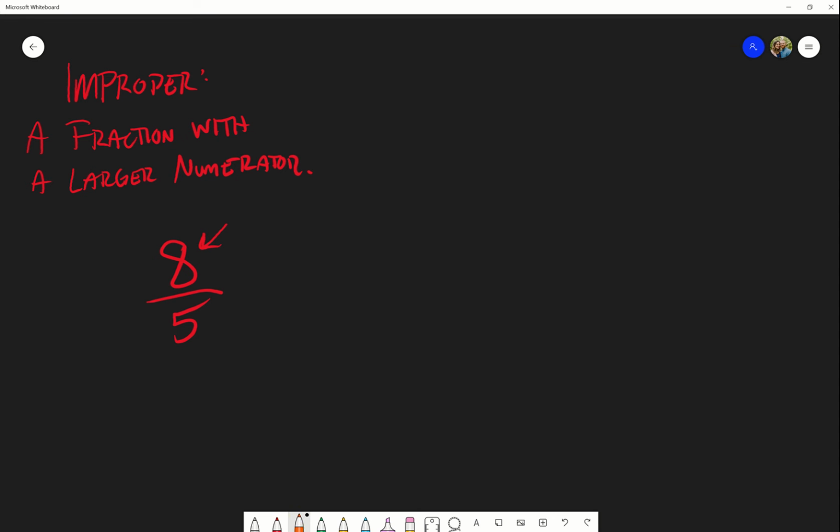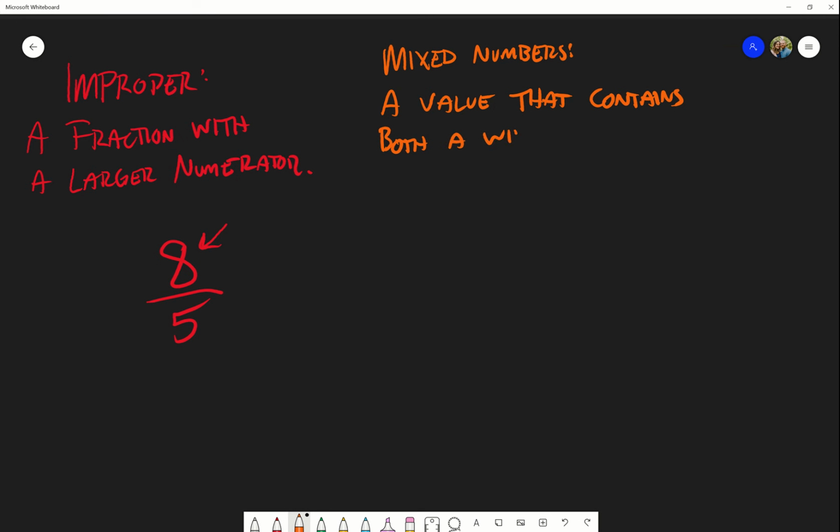And we also have mixed numbers, which are a value that contains both a whole number and a fraction, something like 1 3/5.